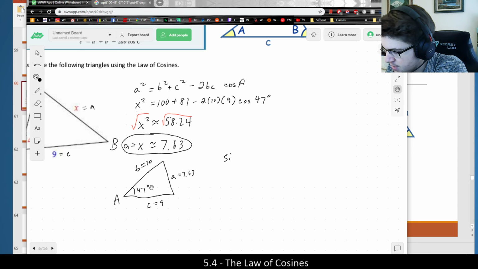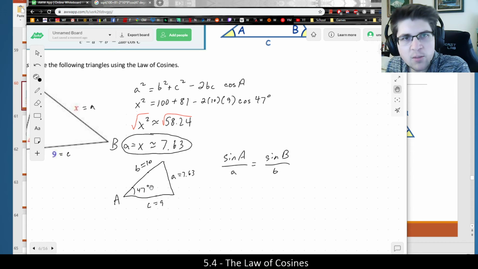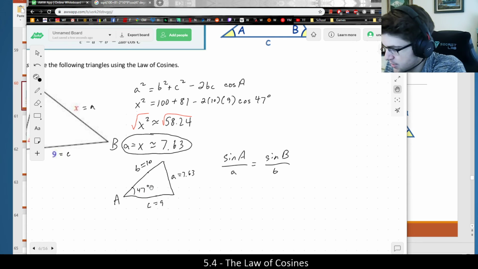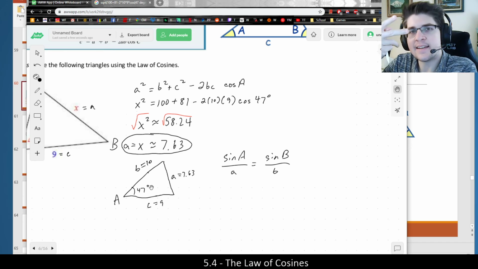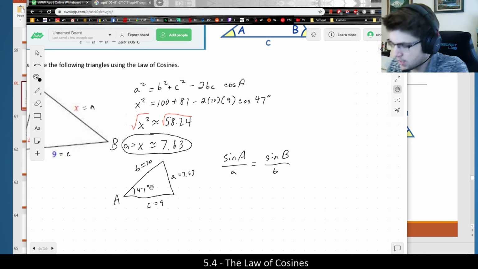But basically, I would have sine A over A is equal to sine B over B, and that could give me angle B. And once I find angle B, I could just use the interior angle 180 principle. So I really don't need to do the law of sines more than once. And I'd always recommend doing the easiest way, because easier is better. And basically start with law of cosines, then move to the law of sines, then you're done, because you can just use 180 principle.